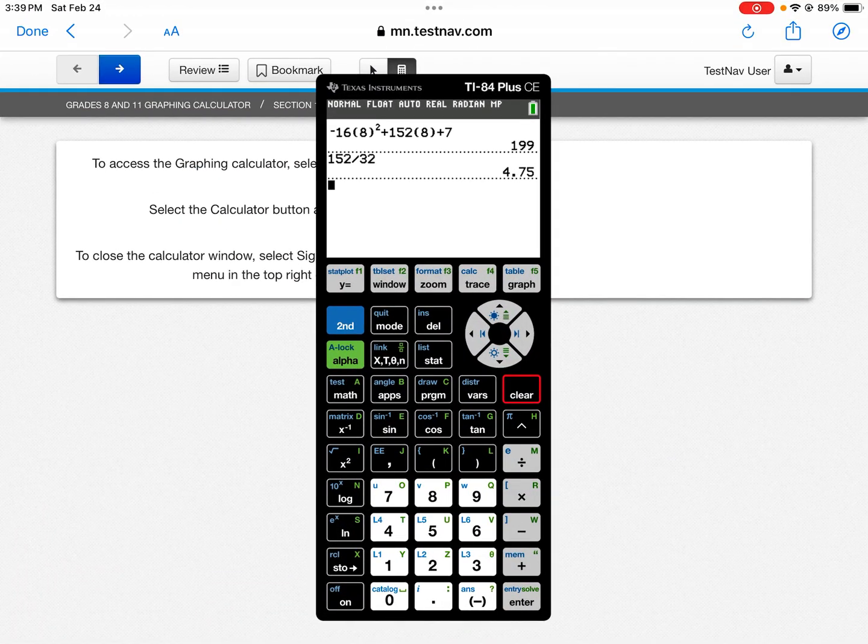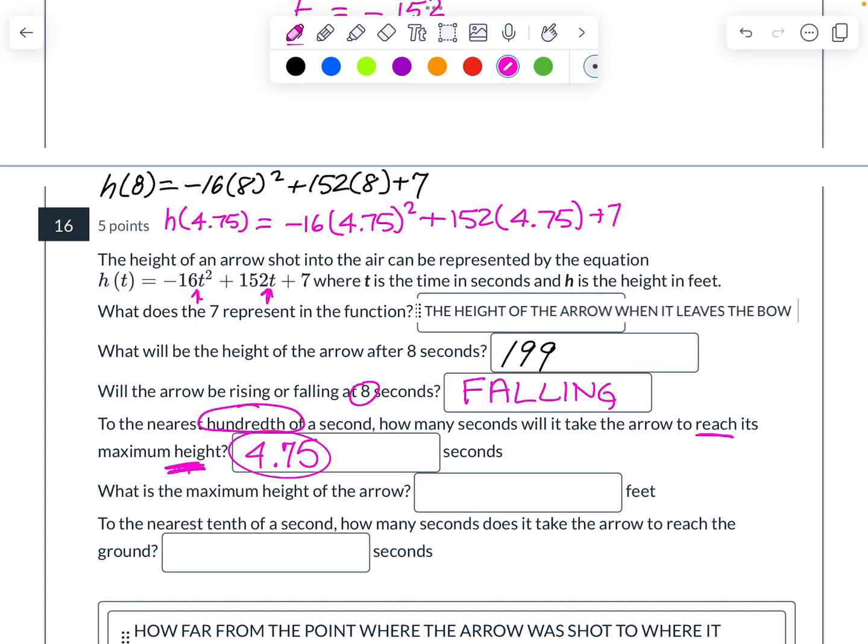And I am going to type negative 16 parentheses 4.75 close it, square it, plus 152 parentheses 4.75 close it, plus 7, and hit enter and get 368.